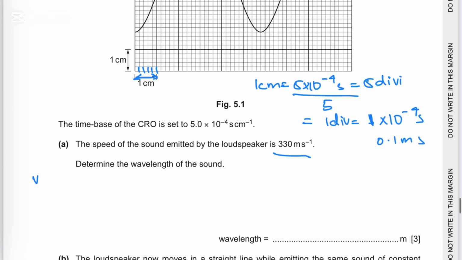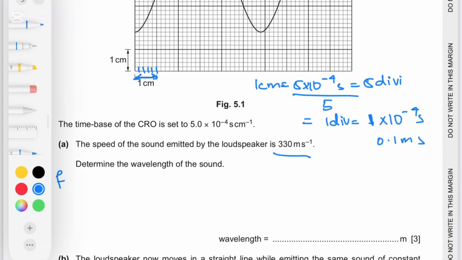Since wave speed is equal to frequency times wavelength, where frequency is the inverse of the time period, wave speed is equal to the wavelength divided by the time period. So you can substitute this formula to find the wavelength, where you'll multiply the wave speed by the time period. Wave speed is already given.